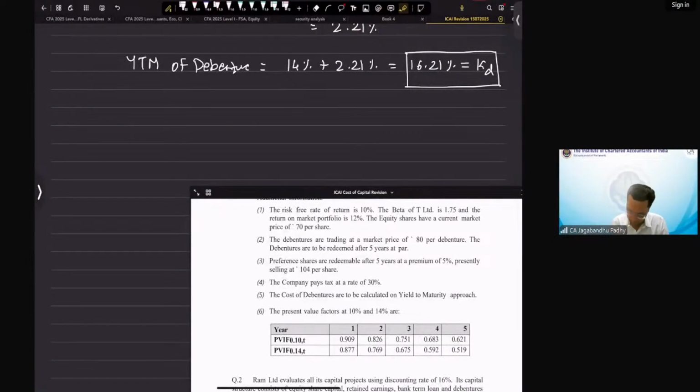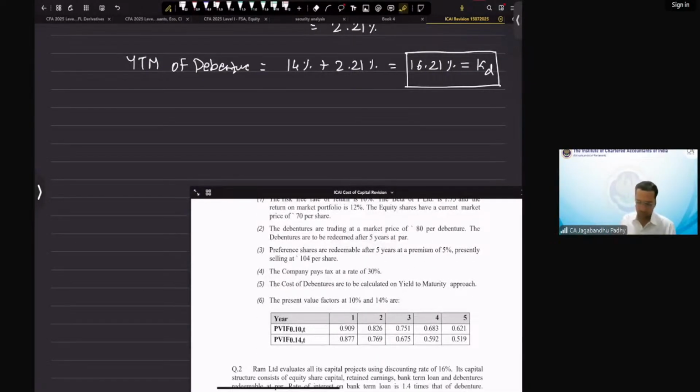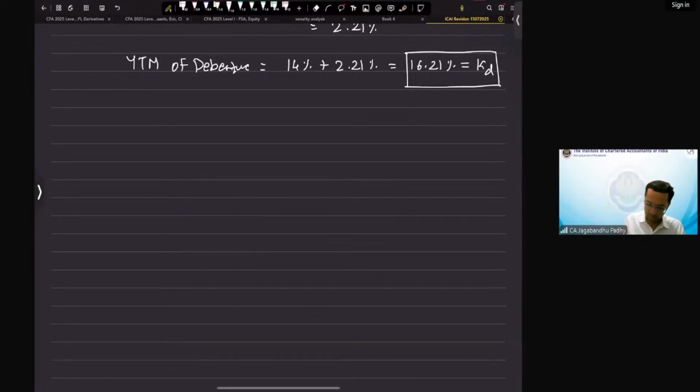For that, we have these book values available. We need to convert the book values to market values, and then take the weighted average of that.